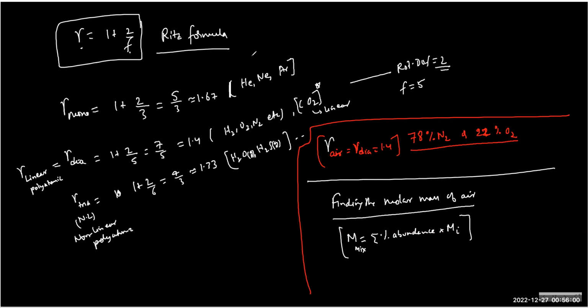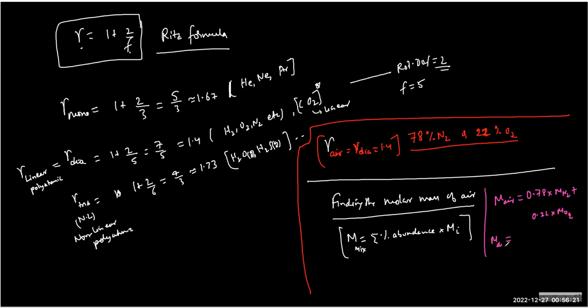In case of air, it's very easy. You can write 0.78, the percentage converted into a fraction, times the mass of N2, plus 0.22 times the mass of O2. That's it.